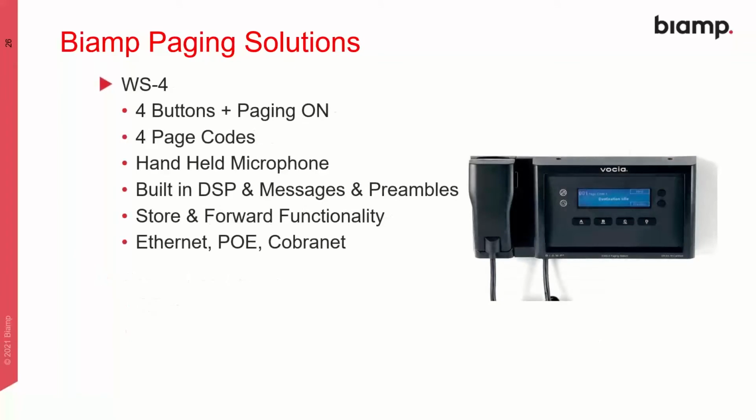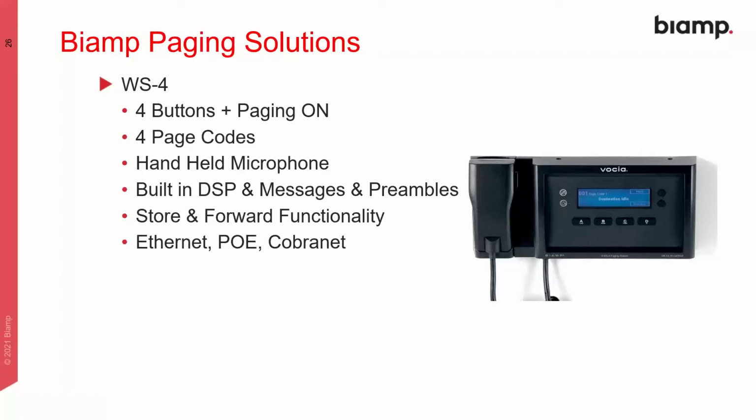Then moving on to the Vocia capable paging stations. This is WS4, a wall mount paging mic with a fist microphone and 4 page codes capability with the 4 buttons built in, handheld microphone, and again built-in DSP, messages and preambles. Plus this has a store and forward functionality, which means the paging mic is not live, but you record the message, and once you finish recording, you can choose that it be transmitted to the applicable zones.